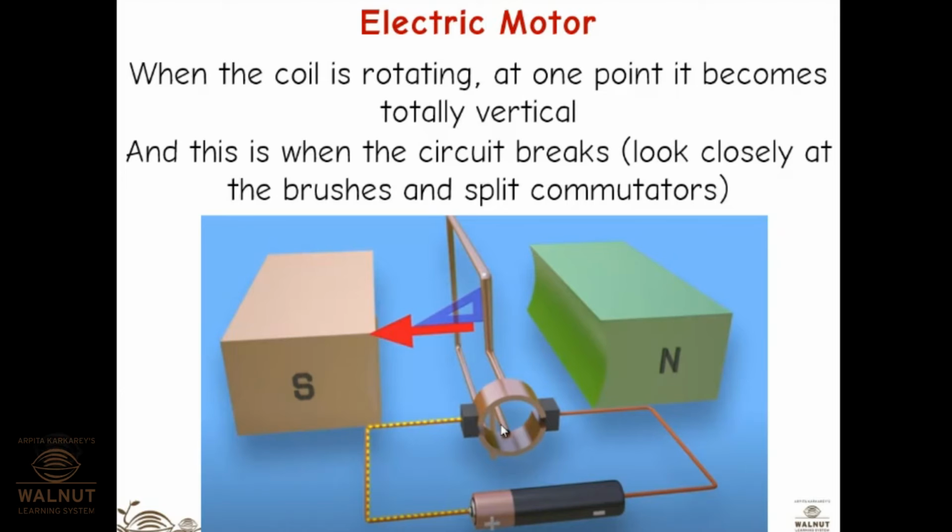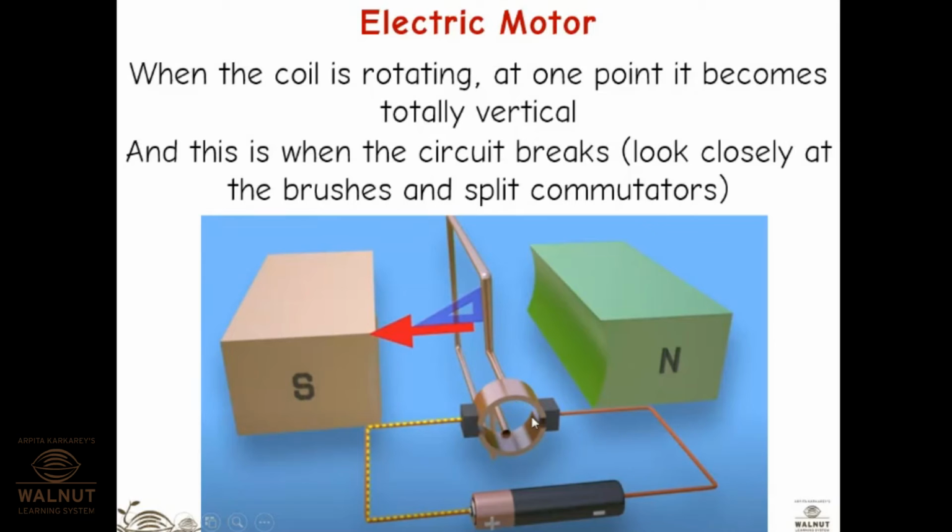Okay, so in that case, what should happen? If the circuit breaks, then what should happen? See, when the coil is rotating, it is perpendicular, right? This part is perpendicular to the magnetic field lines. You can see over here, one end of the coil is not connected, at this particular point, the circuit breaks.